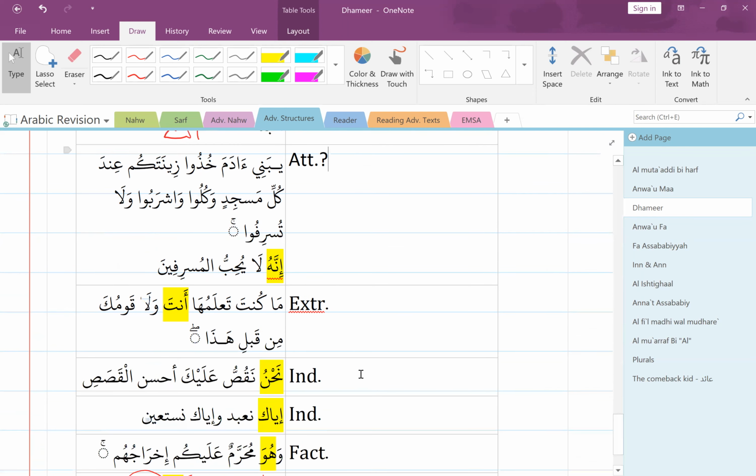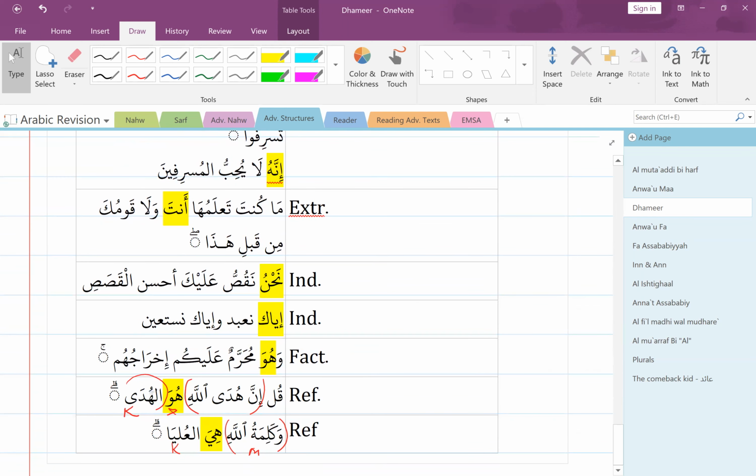We can check that. And then وهو محرم عليكم, let me check that as well. Yeah, so this one وهو محرم عليكم is ضمير شأن. This one at least is okay. They're saying wow is wow حالية, actually not استئنافية.